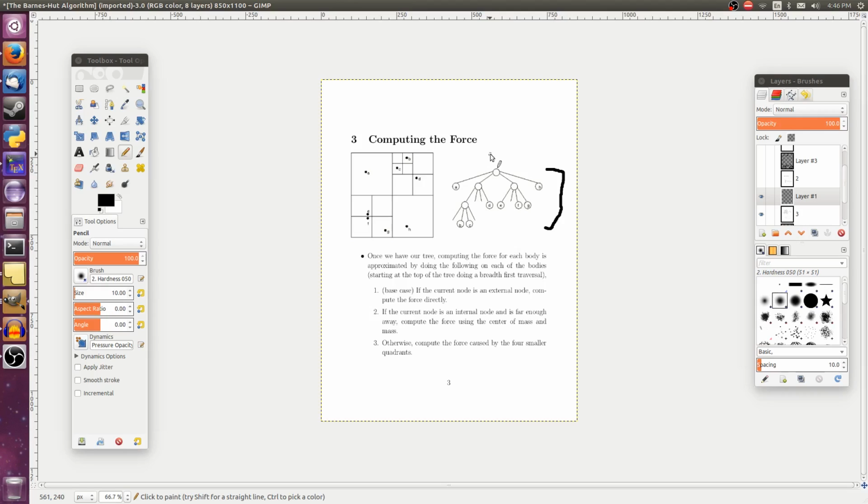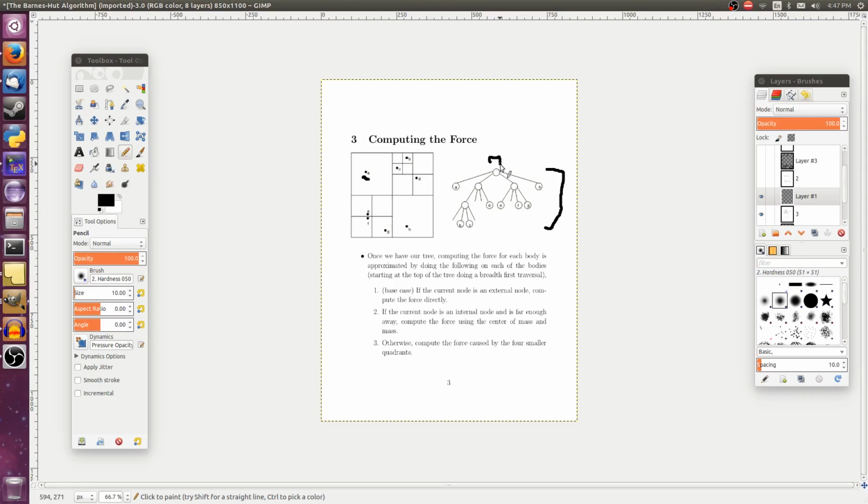So for each of the bodies, we start at the top, and what we're going to say is if the current node is an internal node, so this node is an internal node because it doesn't contain a body, but it contains children, and it's far enough away from, I guess we'll just start with A, so if it's far enough from A, then we're going to compute the force using the center of mass and the mass of this node.